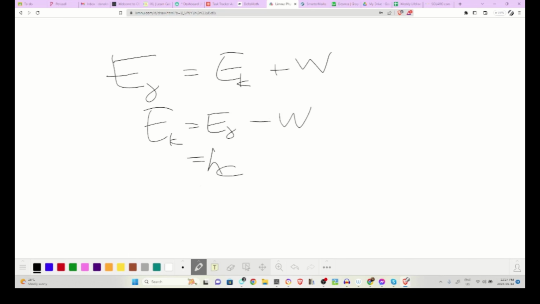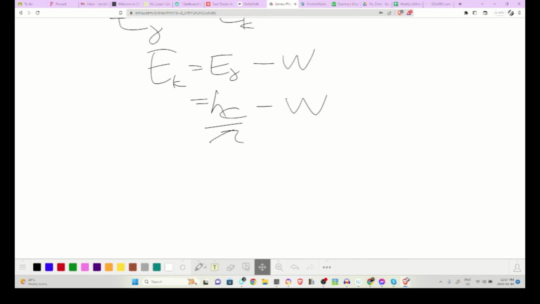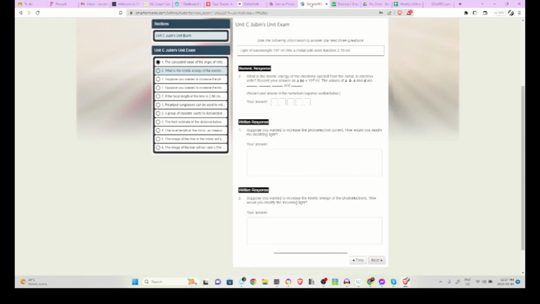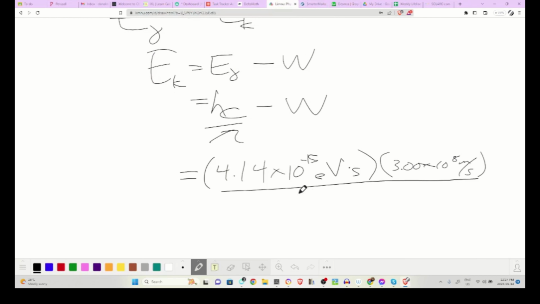So that is hc over lambda, since they gave it to us as a wavelength. Now our h, most conveniently, use the version that is in electron volts, or electron volt seconds. 3.00 times 10 to the 8 meters per second, all over our wavelength of 197 nanometers.